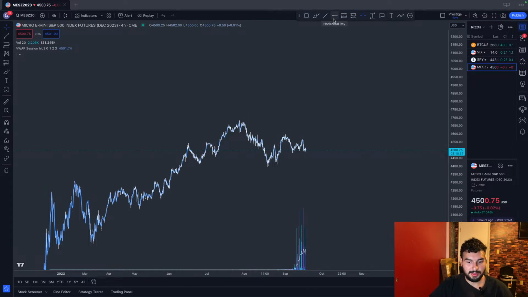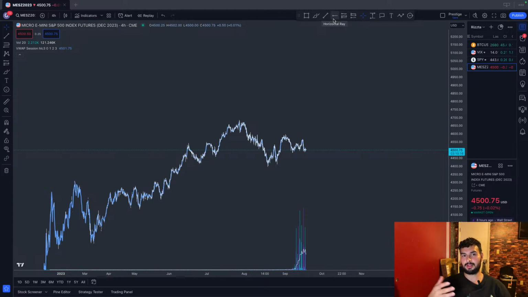The focus when I create my levels of interest is that I try to look for the pivot points in the market. When I say pivot points, I mean the areas where the market hit a certain price and then strongly bounced or rejected.